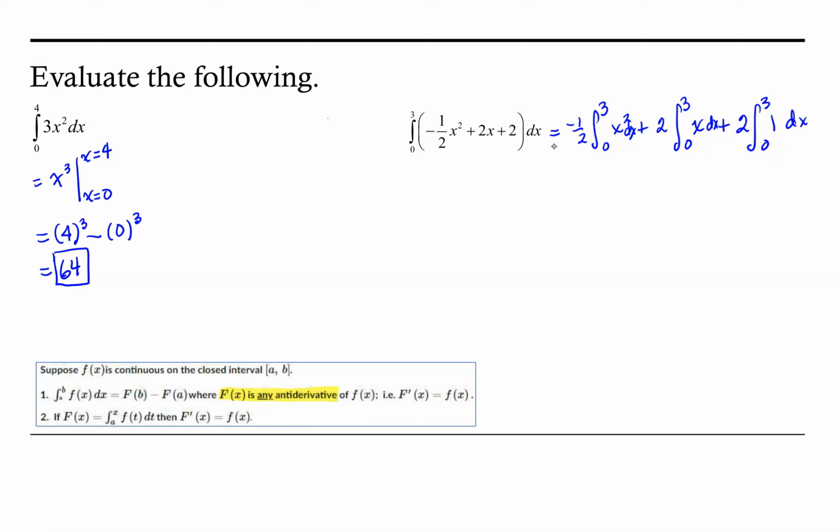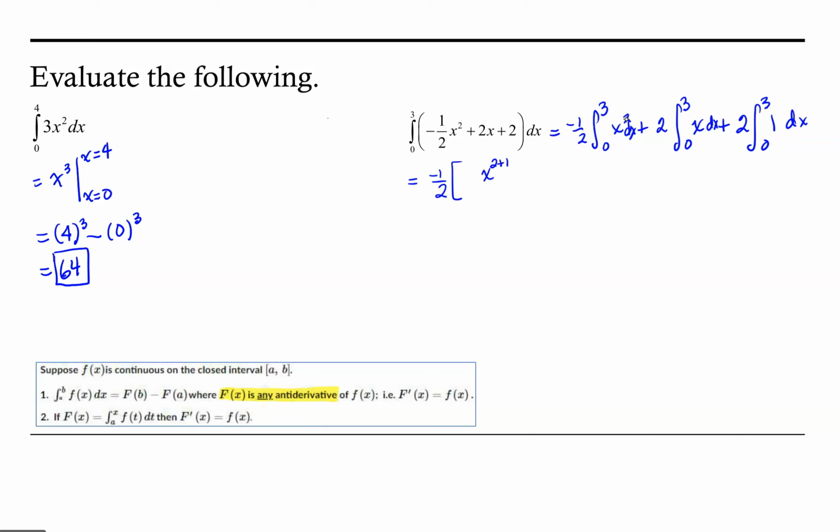So let's go ahead and integrate here. And we'll need to find the antiderivative for each of our integrands. So we would end up with -1/2 times, and now the antiderivative of x squared. Notice that for all of these, basically we're dealing with the power rule. So x squared is what my integrand is. So that means when I was taking the derivative, I subtracted 1 from the exponent.